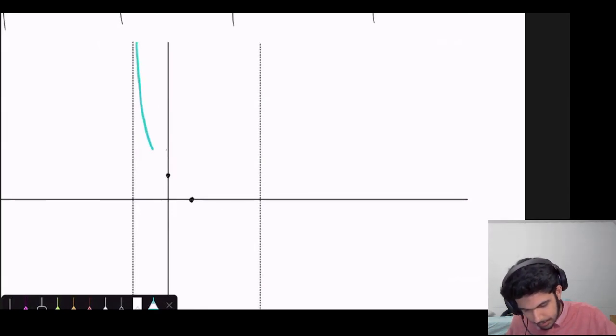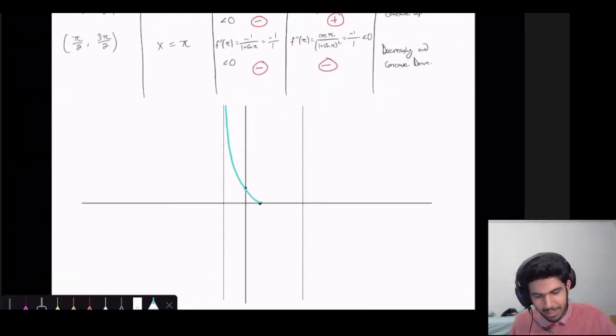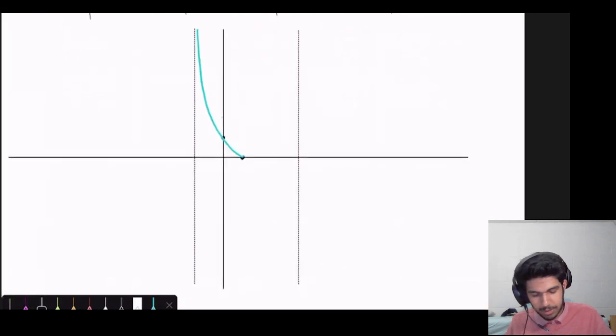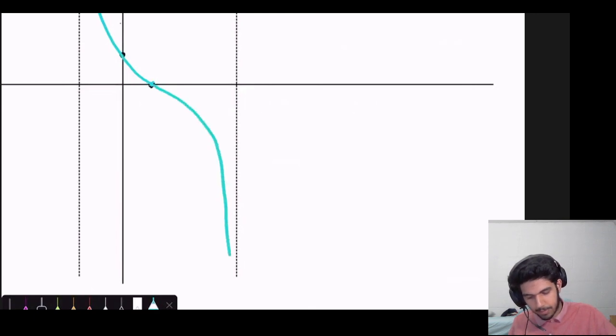So it should look something like this. That's a pretty bad drawing, but it'll work. Next, we reach pi over 2, so that's why we stopped there. Now we are decreasing and concave down. So we have to decrease in this direction and concave down. So it should look something like this.